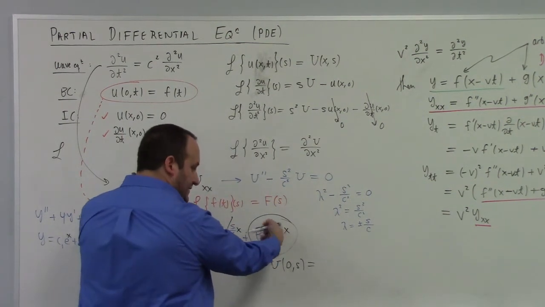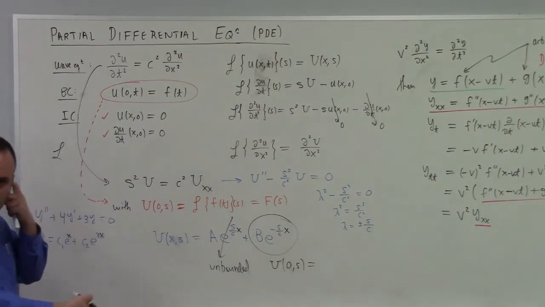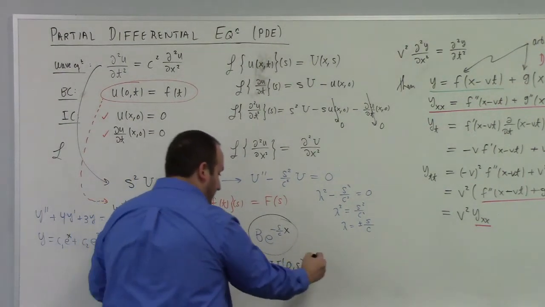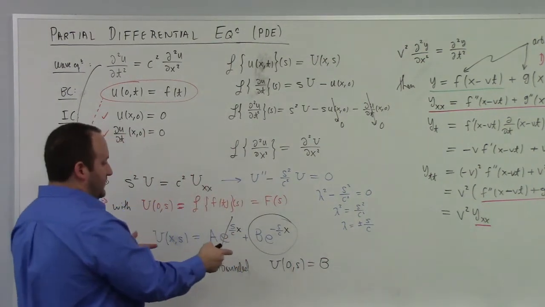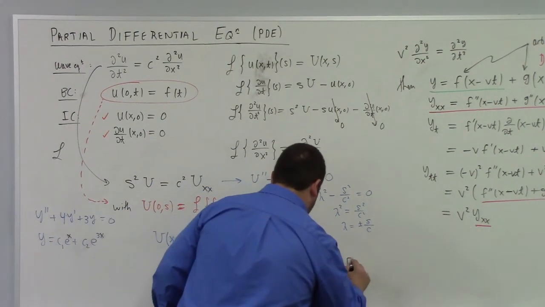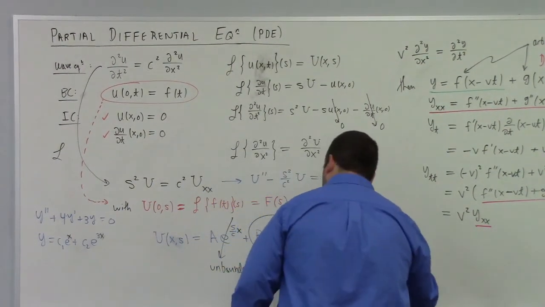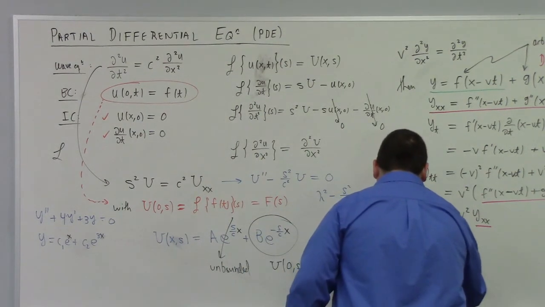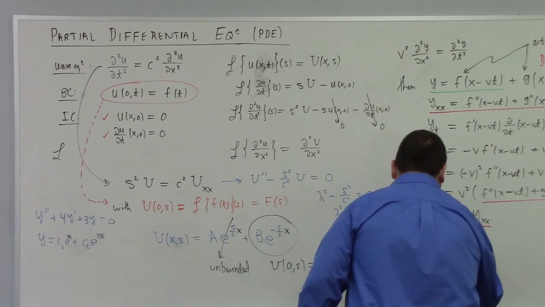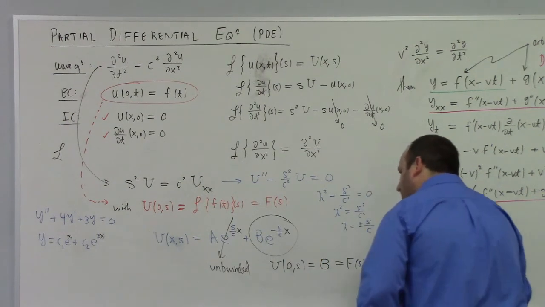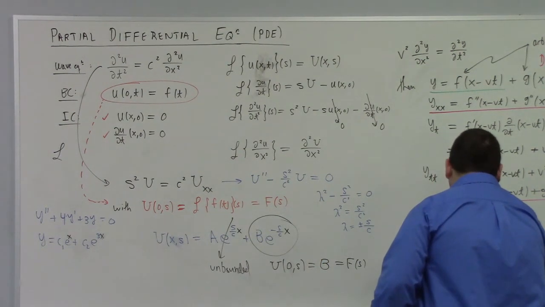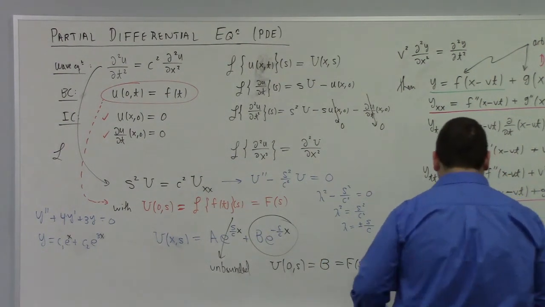Plug in x equal to 0 into this, what do you get? Just b, right? But that's also equal to F of s. So therefore, u of x comma s is equal to F of s times e to the minus s over c times x, right?